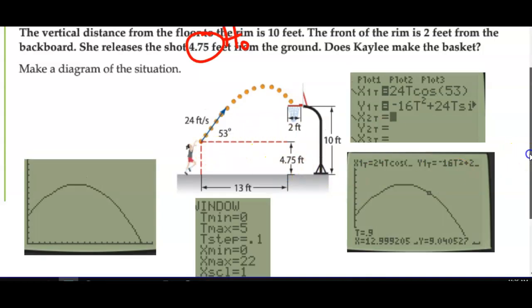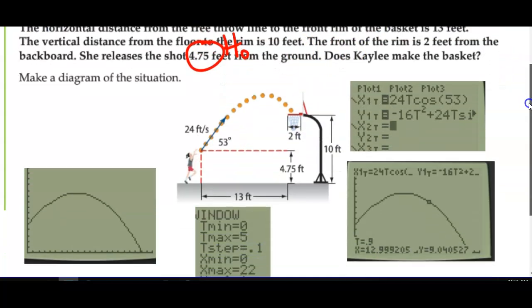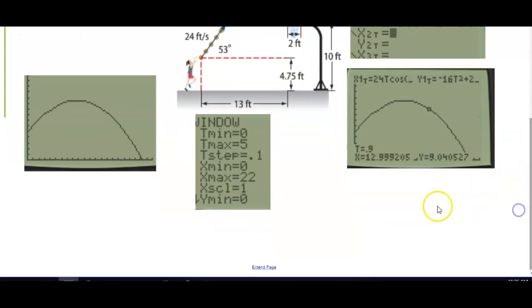If the basket, let's see, the vertical distance is 10 feet off the ground. Well, by the time it hits the rim, the ball's only at 9 feet. Or by the time it gets far enough to reach the edge of the rim, it's only at 9 feet, so it's going to hit the net and fall to the ground. It is not a high enough shot. She doesn't make that one.